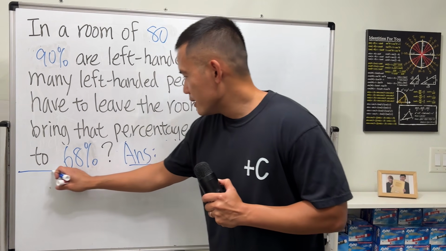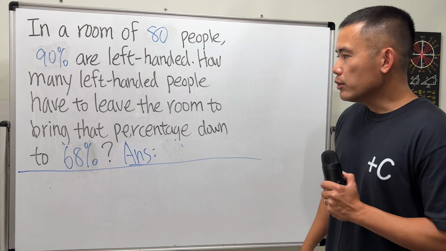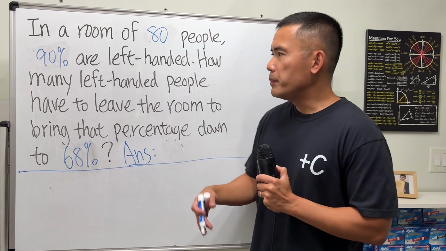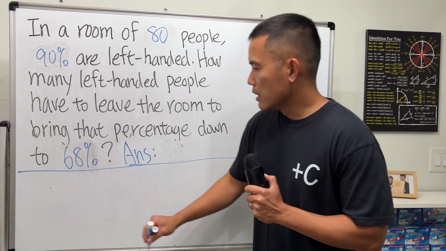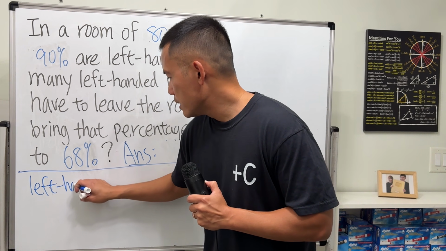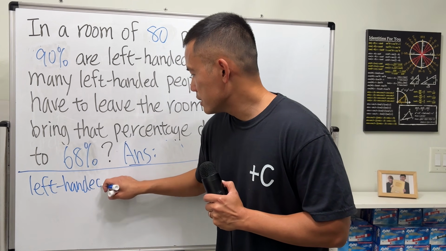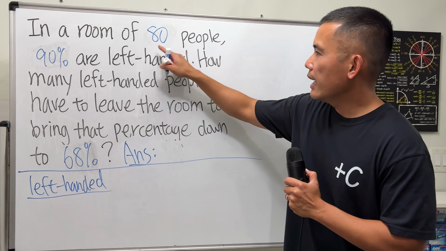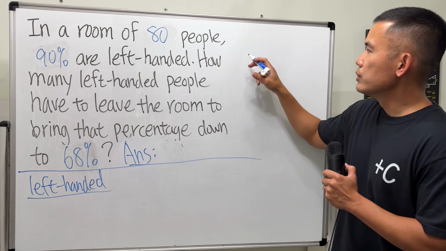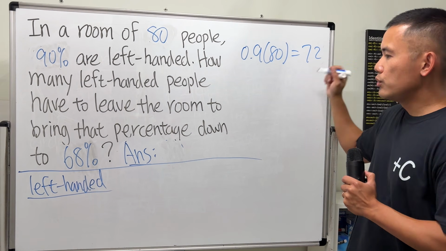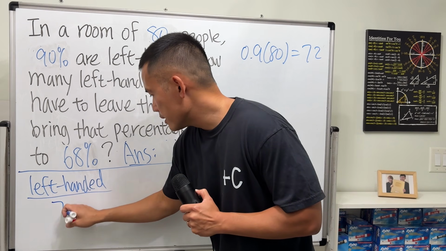So firstly, I don't know how many people I have to remove, so I can just call that x. But before that, let's just think about it. How many left-handed people do we have? Let me just write this down. Originally, we will take 90% of 80, which is 0.9 times 80, worked out, that's 72 people who are left-handed.